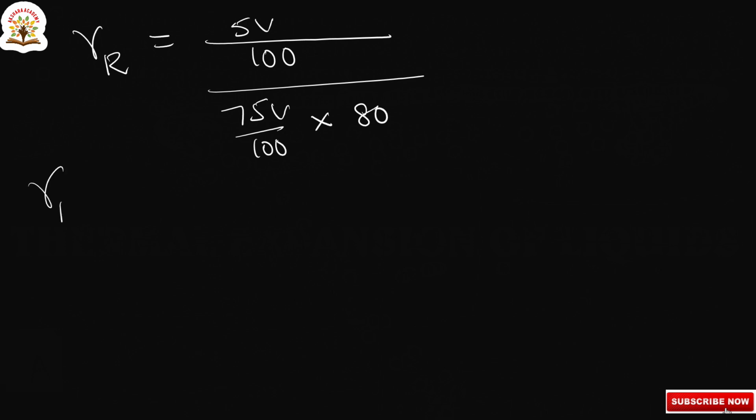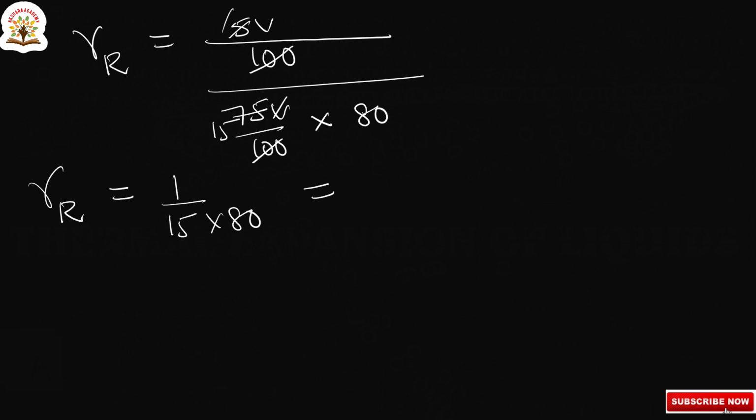So gamma R is equal to, here 100 gets cancelled, 5 ones are 5, 5 15s are 75, so 1 by 15 into 80.